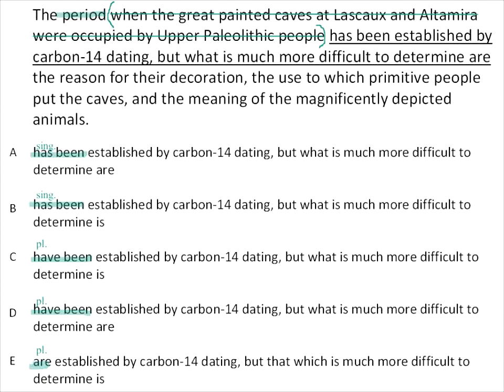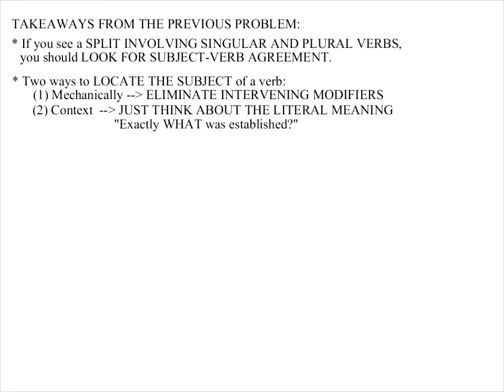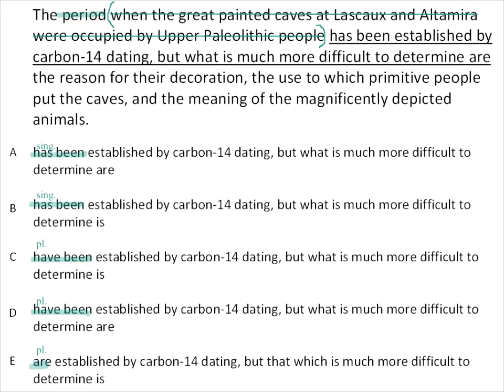So if you look back at this problem, you can say, well, what has been established? Well, definitely the period, not the people, and not any of this other stuff. It's the period, so that must be the subject. It's better to use this sort of mechanical consideration if you can, because some contexts are ambiguous, whereas eliminating intervening modifiers is never ambiguous.